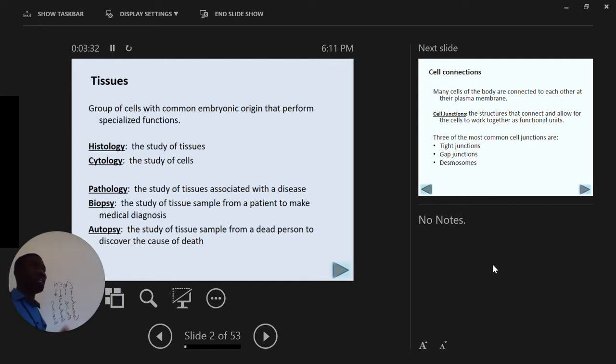But if it is benign, it means it is only localized to a particular location, and so removing it is taking care of it. But if it is malignant, even when they have removed it, it could have spread to other parts. And so in a few years or a few months, the person will come back in a more sick state because they didn't take care of it, right?